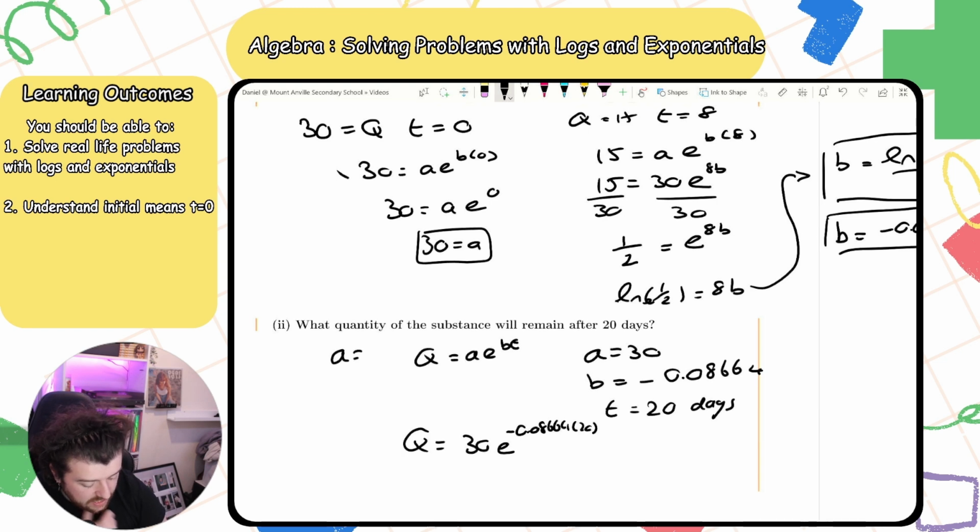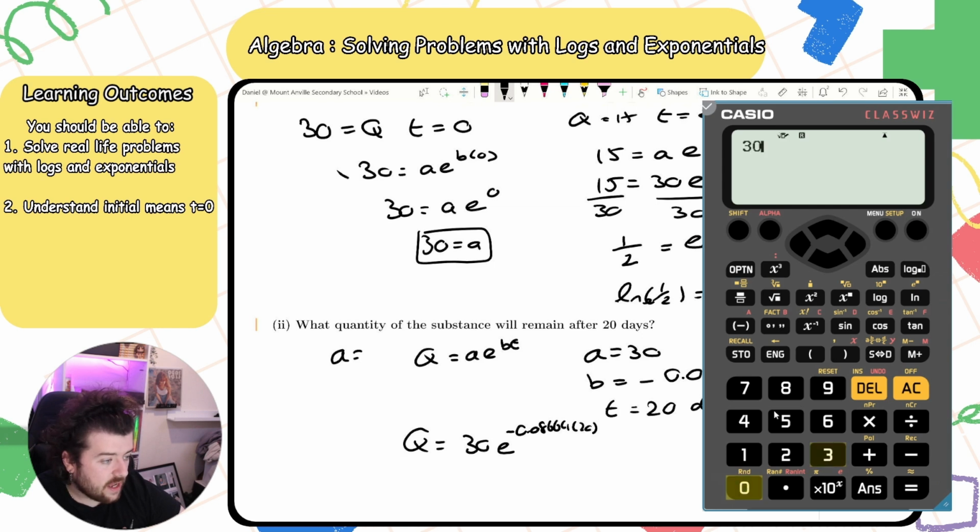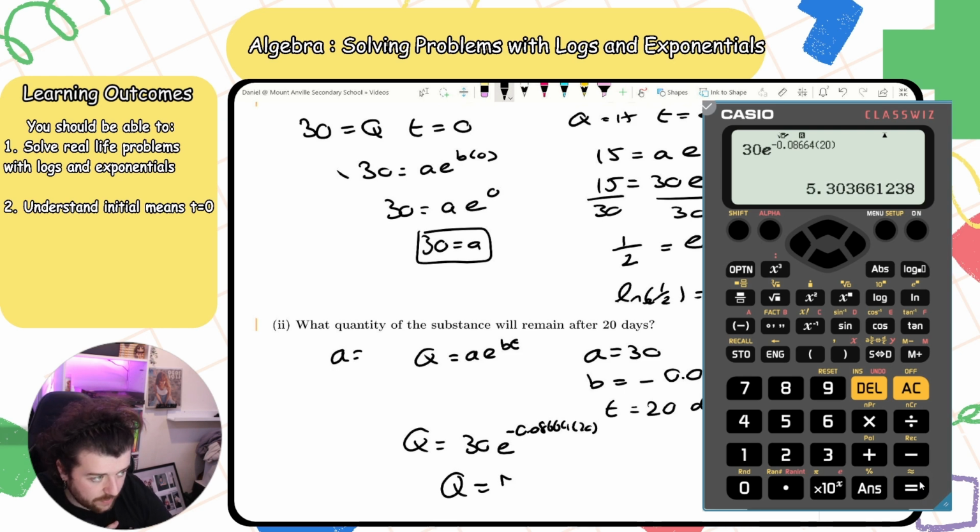Put all of that into your calculator. So I'll show you here. There's my calculator, so I'm going to put in 30e to the power of minus 0.08664 times 20. And I'm going to get here, the quantity remaining is roughly 5.3 grams. Approximately 5.3 grams.